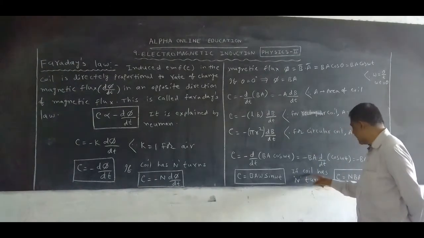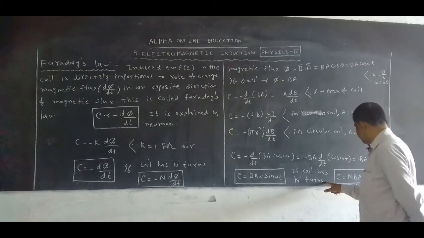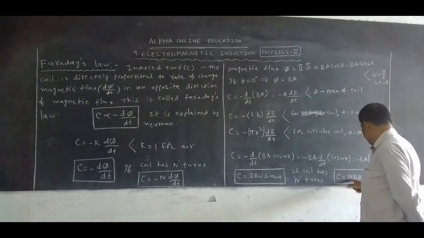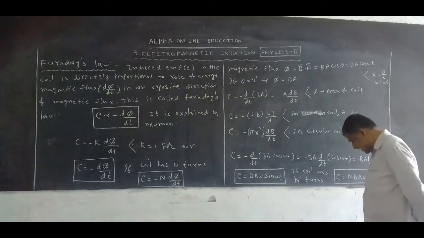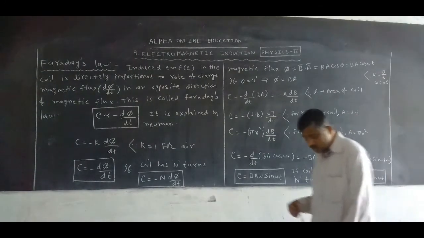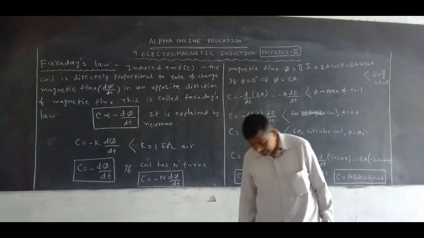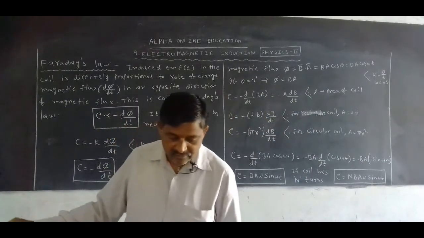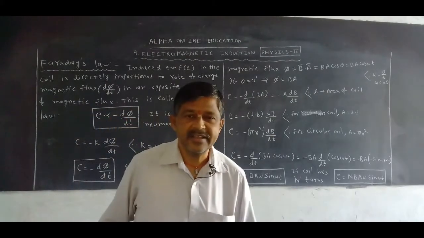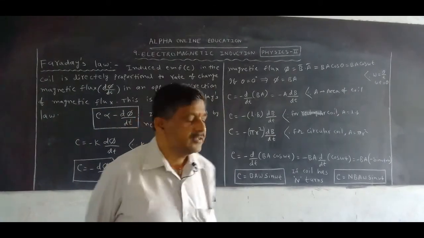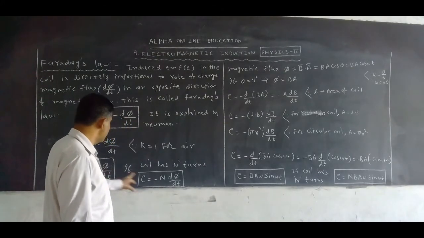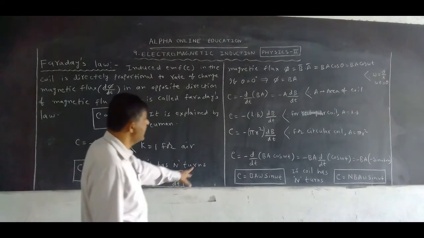If the coil has N turns, the induced EMF in the coil is E is equal to NBA omega sin omega t. So we have a number of mathematical forms for Faraday's law. One is E is equal to minus d phi by dt. For N turns, E is equal to minus N d phi by dt.